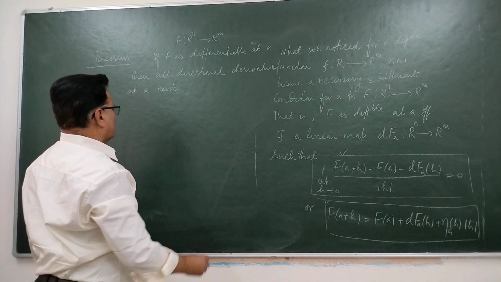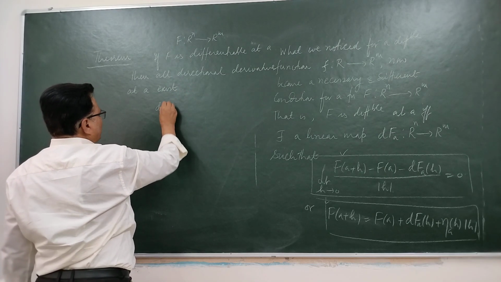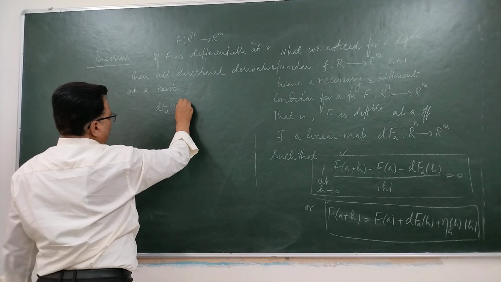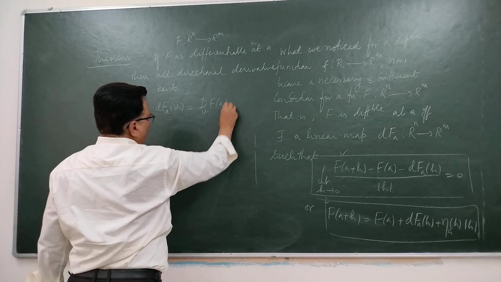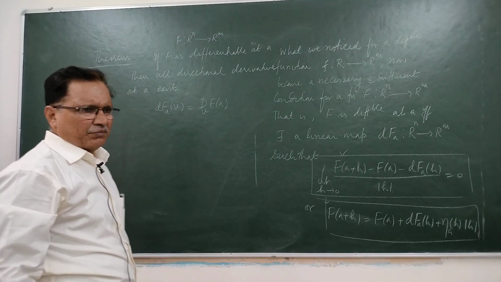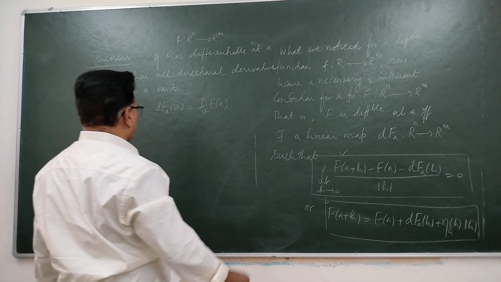So how to prove this? And the relationship between the two is df(a) of a vector v equal to D_v f(a). This will be the relationship between the directional derivative and the derivative of the function.